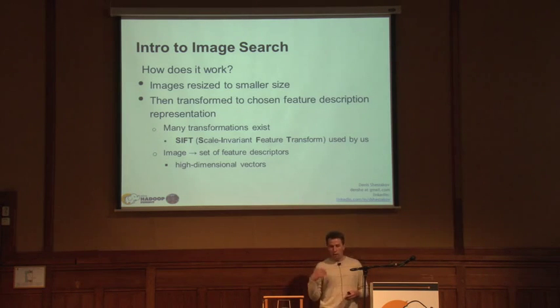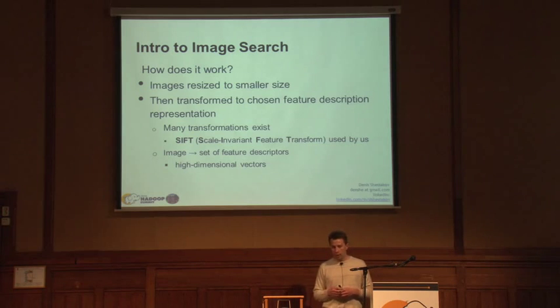Then, much more importantly, you convert your images into a so-called feature description representation. Essentially, it's a whole body of research. Many people are working on different feature description transformations, etc. To put it simply, many transformations exist, and which one to choose depends on your task, application, use case.